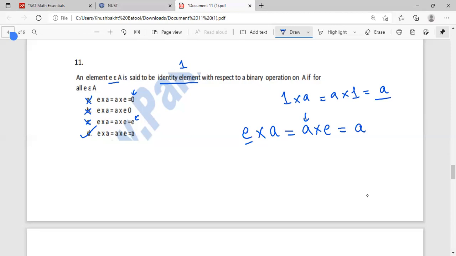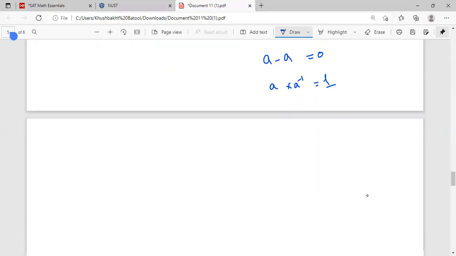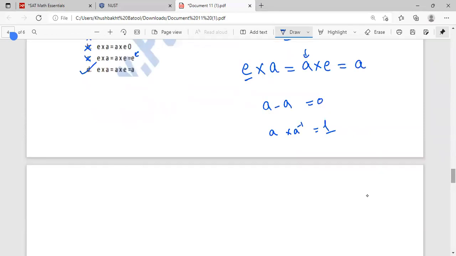So 0 is basically for additives, right? Whenever we are talking about addition, yes, A minus A would be 0, but A into A inverse would be 1. So the multiplicative identity is 1 basically.